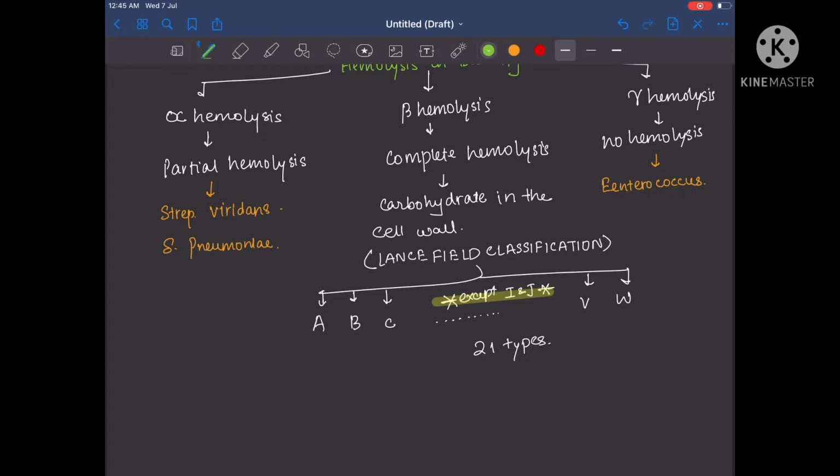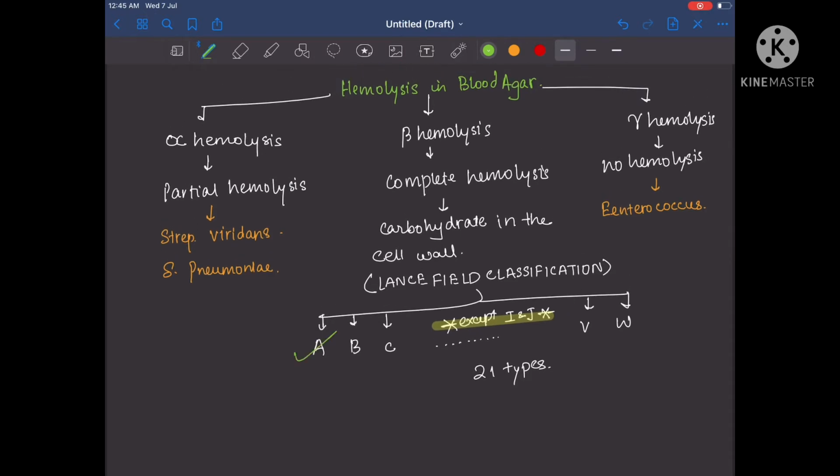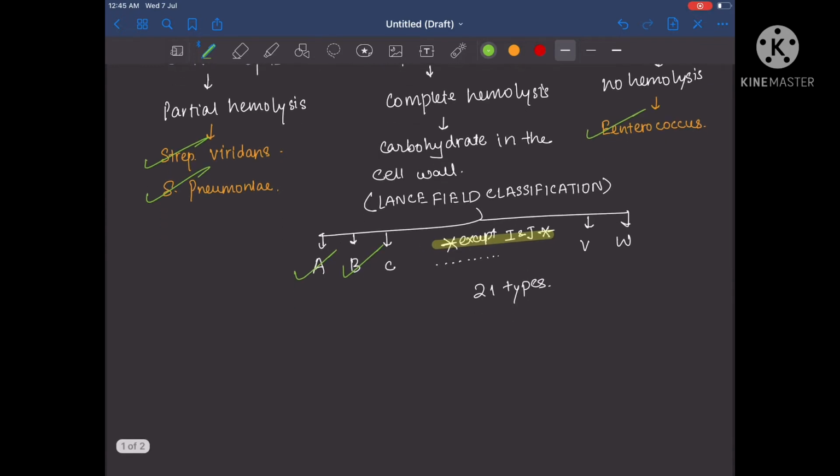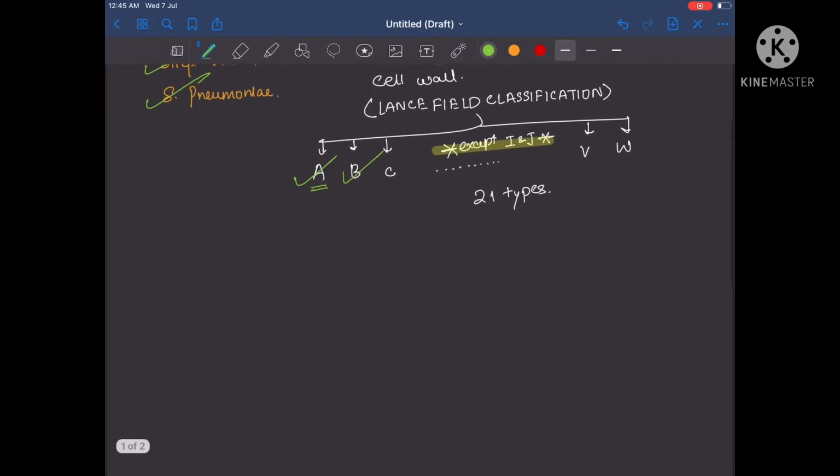So we will be discussing these three, that means the Streptococcus viridans, pneumoniae, and Enterococcus. And from beta hemolysis, we will be discussing group A and group B only. In today's lecture, we will discuss only group A beta hemolytic Streptococcus.